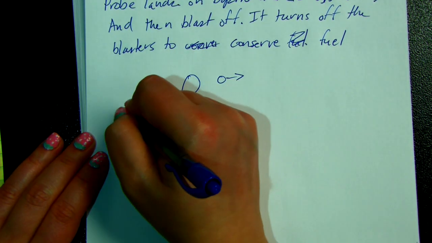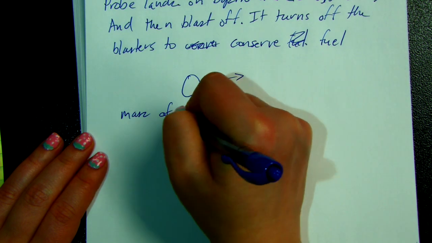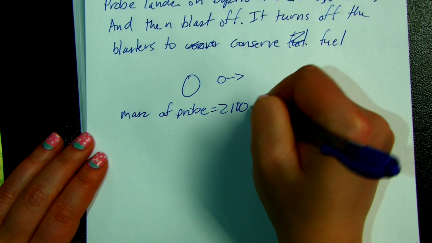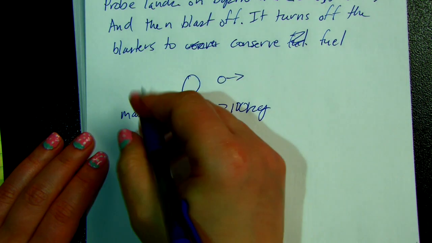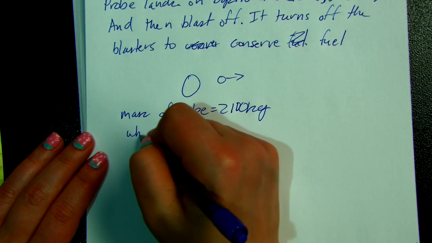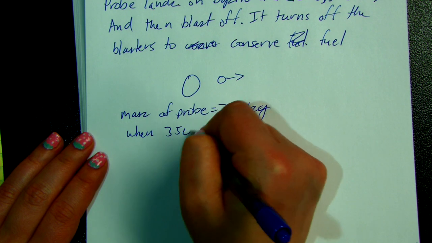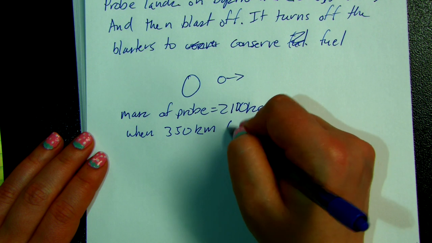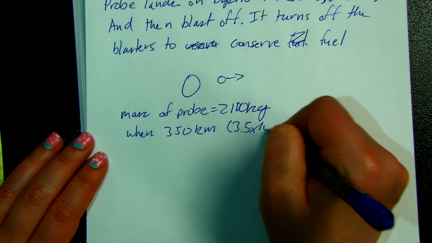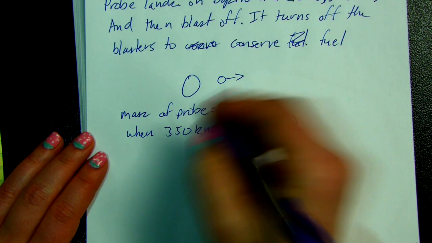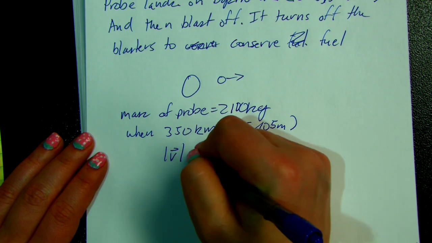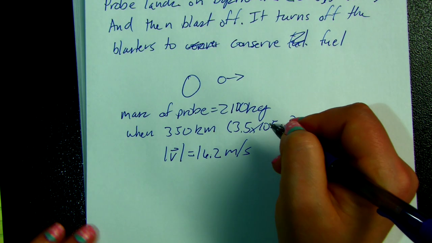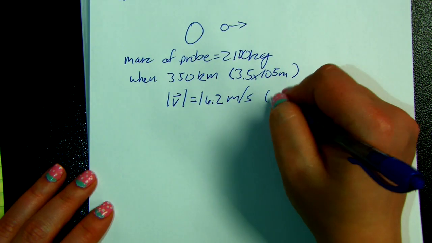The mass of the probe is equal to 2,100 kilograms. And when it is 350 kilometers away, so that would be 3.5 times 10 to the 5 meters, it has a speed of 16.2 meters per second. So this is when the rockets are turned off.